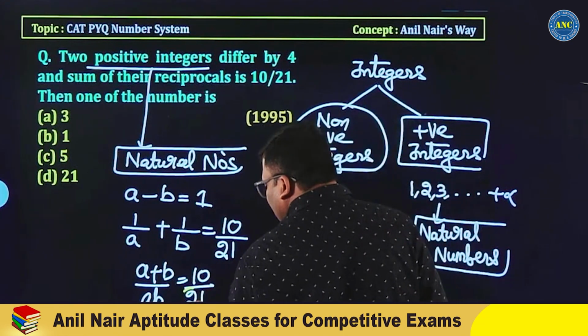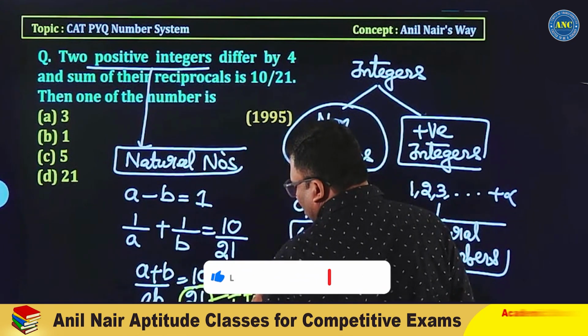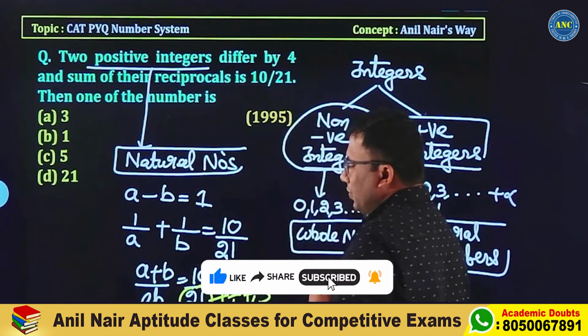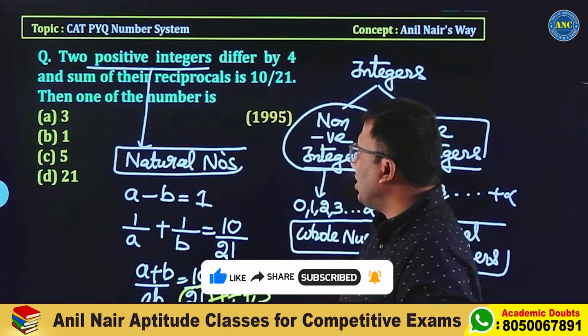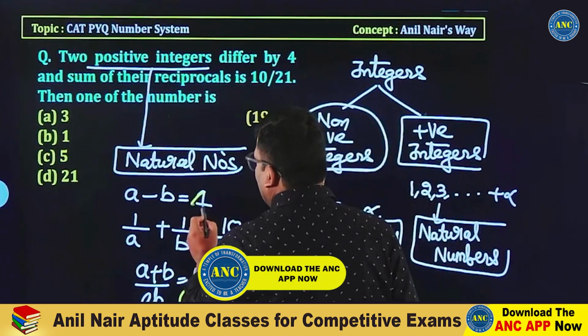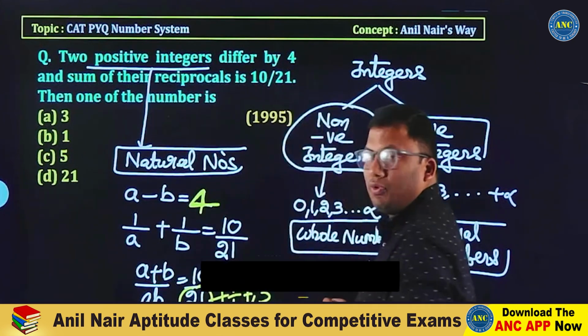21 is a composite number. It is divisible by two prime numbers, 7 and 3. What is the difference that is given? The difference is given as 4, A minus B is 4.